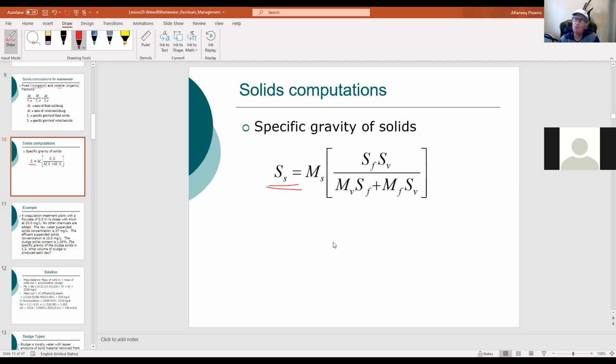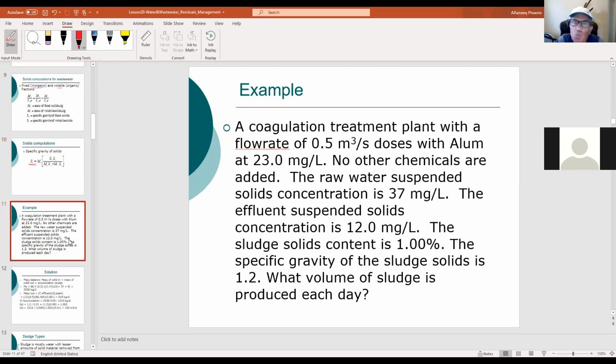You choose the one that you are interested in. Very simple, very easy to follow. Let's look at this example if you don't have questions. No? All right, let's look at this question.